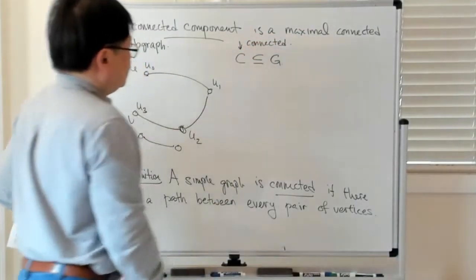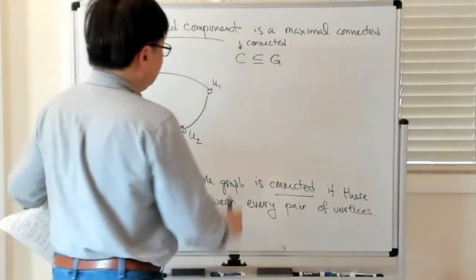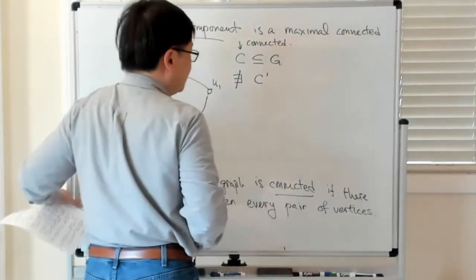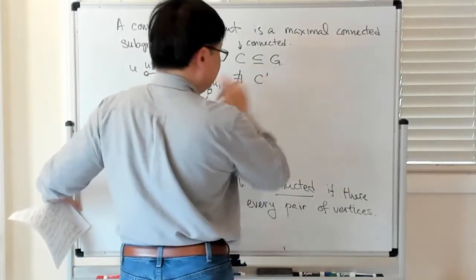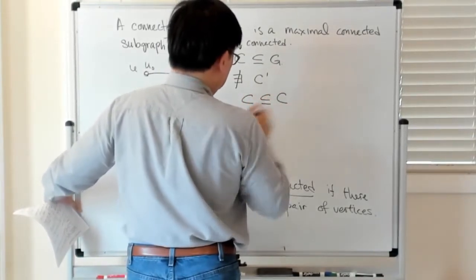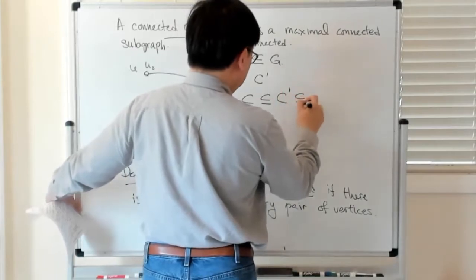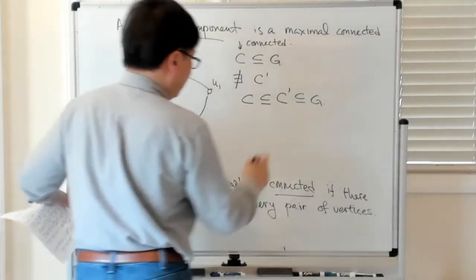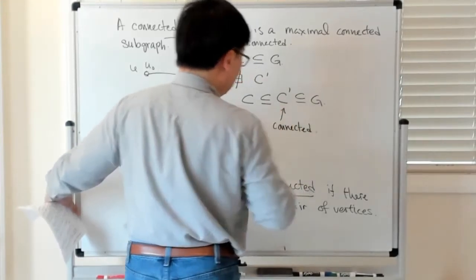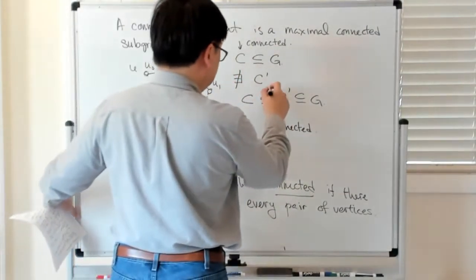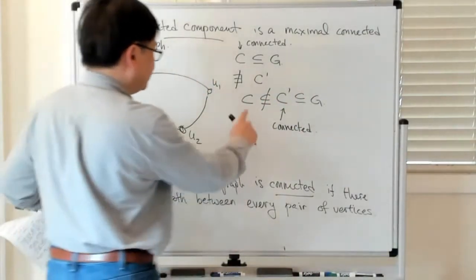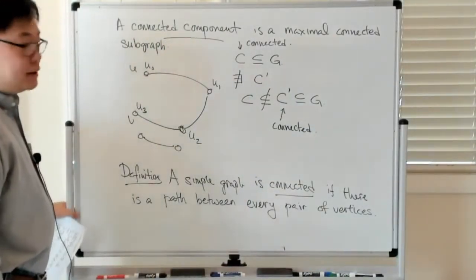If you say that it's maximal, that means that there does not exist some C prime, inserted between these, such that C is contained in C prime, which is again contained in G, where C prime is also connected, and C is a strict subgraph of C prime, which is to say that C and C prime are distinct from each other.